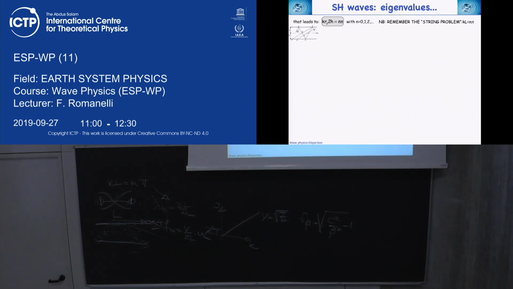Now beta is not containing dispersion because beta, sorry, it's not the same mu. Beta has no frequency. But what about C? Because now we are looking for the C's. We're looking for the eigenvalues solutions of our problem.